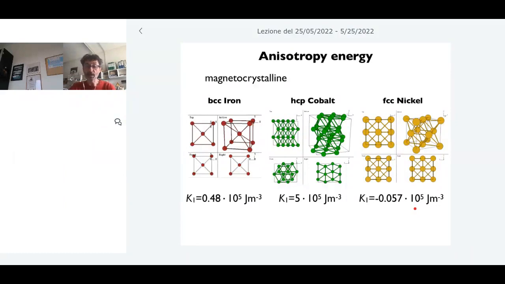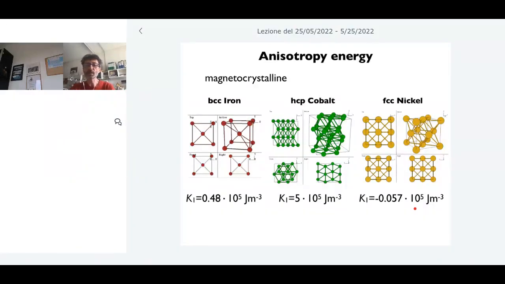Cobalt, which is hexagonal, is uniaxial, it's not cubic. The magnetization will try to stay along the C-axis of the hexagon, and the anisotropy is quite large. So cobalt itself can almost be a hard magnetic material. It has an anisotropy which is 10 times that of iron and 100 times that of nickel.